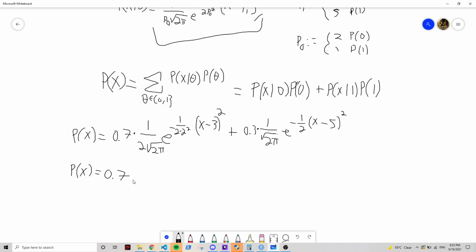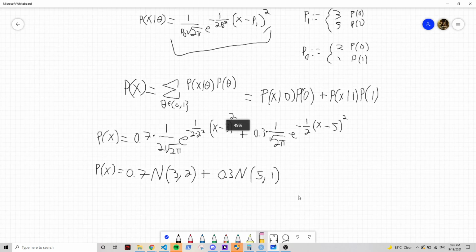So I'm just going to write N, the normal distribution notation, a normal distribution with mean 3, standard deviation 2, plus 0.3 times a normal distribution of mean 5, unit variance. I think this is a bit more readable, and we can go on with this.